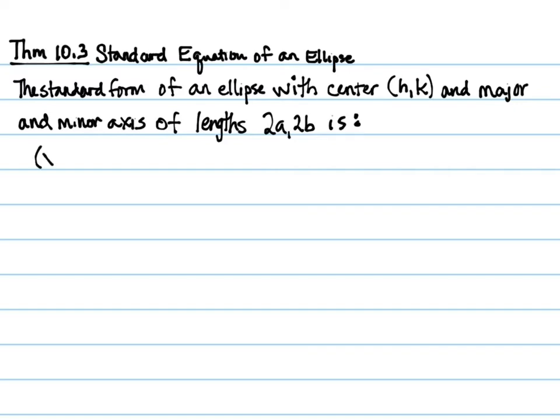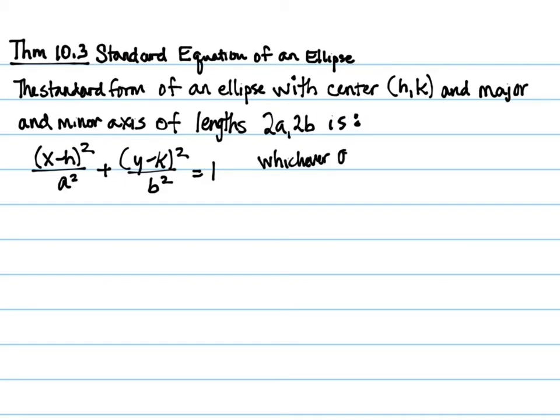Okay, so this is (x minus h) squared over a squared plus (y minus k) squared over b squared, and it equals 1. And whichever of a squared or b squared is larger determines the major axis.